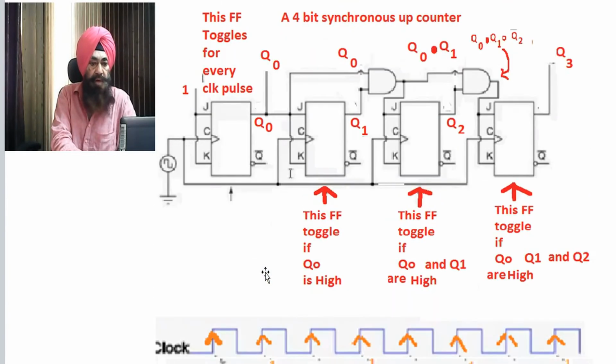Now Q1 is given to an AND gate. Q0 is also given to the AND gate. The AND operation of Q0 and Q1 is applied to the third flip-flop. The third flip-flop will toggle with the rising edge of the clock when Q0 and Q1 both are high.